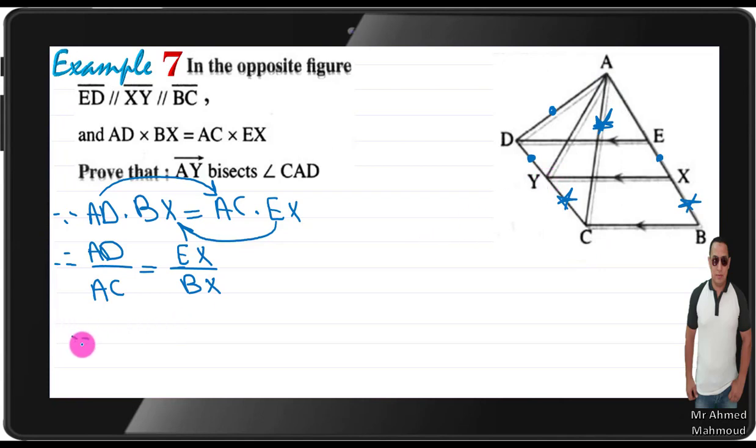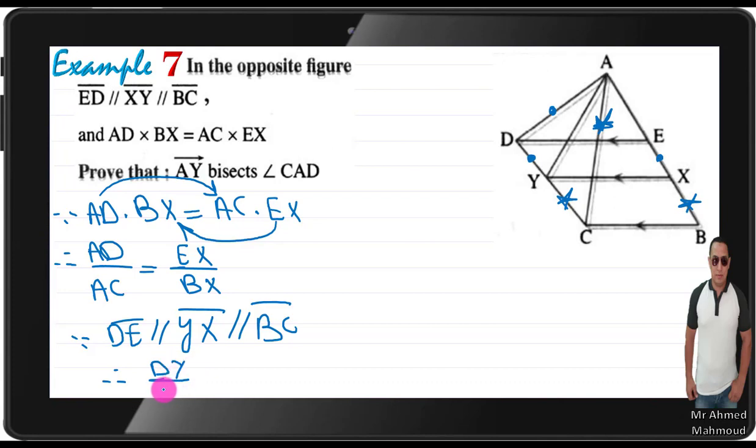Since DE is parallel to YX parallel to BC, therefore DY over YC equals EX over BX.